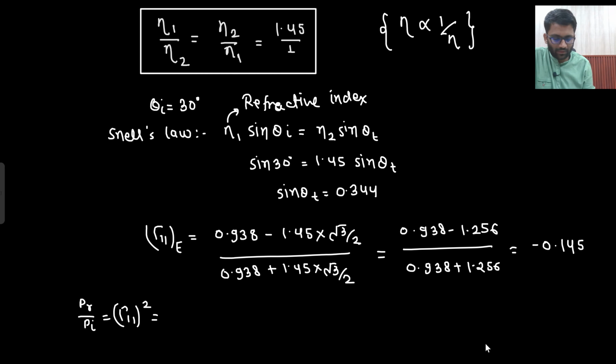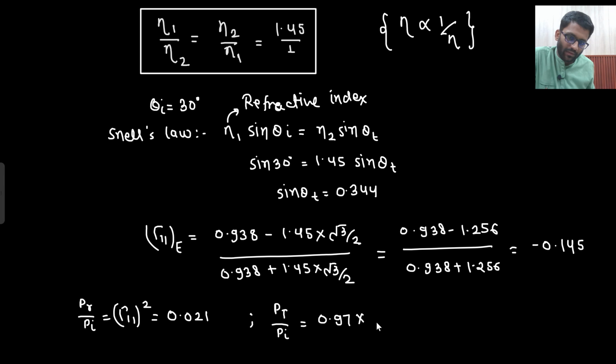So square of it, 0.021. And what will be the transmitted by PI? So that would be 1 minus Γ squared, that is 0.97, into cos θi, that is cos 30 degrees, divided by cos θt, right? This will be the answer.